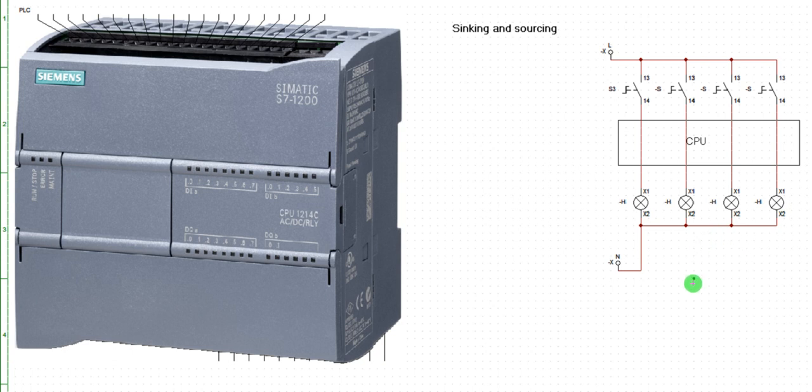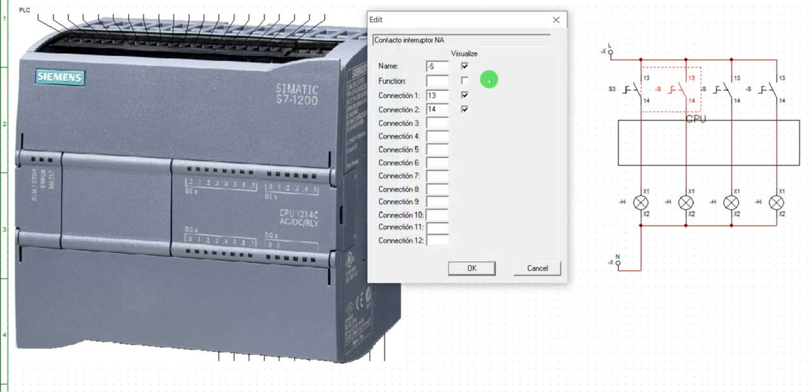Okay, so the instruction is that when I click, just activate this, the output will come up. Activate this one, the output will come up. But now, let's simulate, please. Sorry, all of them come up at the same time because I didn't number them. This one is going to be S1, for instance.